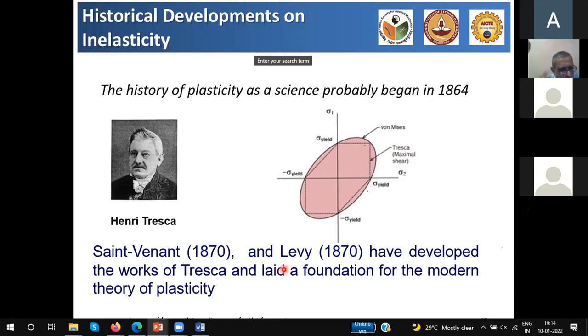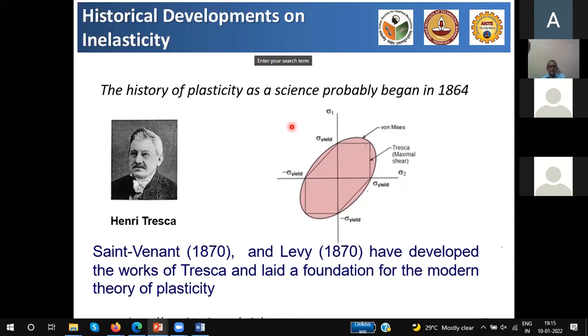Okay, so let us go back to what we have learned in strength of materials in terms of the origins. When you look at yield, or inelasticity, that means the deviation from elastic behavior, it goes back to Saint-Venant or Tresca, who simply postulated that a material will fail when its strength reaches a particular value, and it is isotropic, whether it is in tension or compression, it is the same.